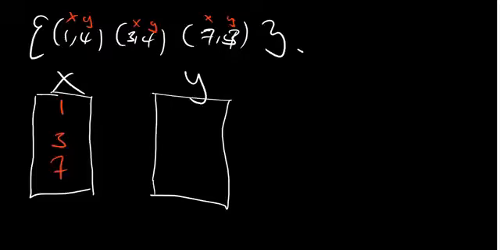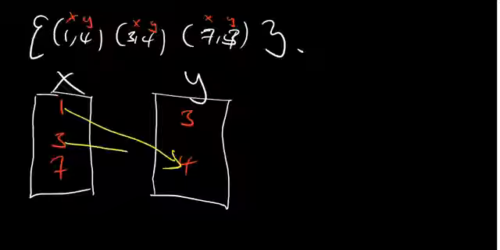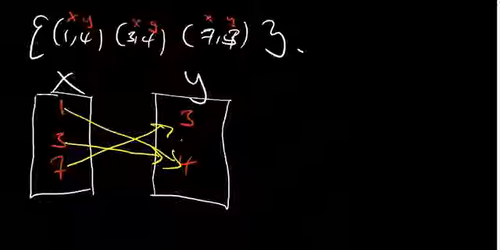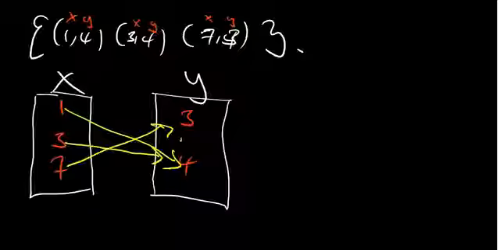The y values, we have 3 and 4. Now let's see. 1 is mapping to what? 4. So we're going to have 1 all the way to 4. Next we have 3 to 4. Next we have 7 to 3. Now, is this a function or not a function?